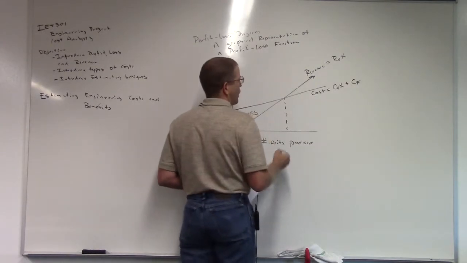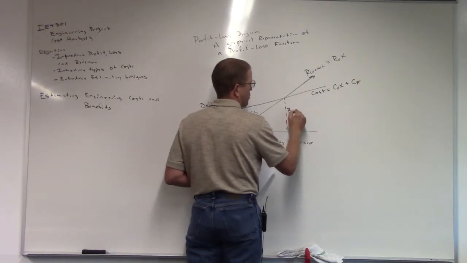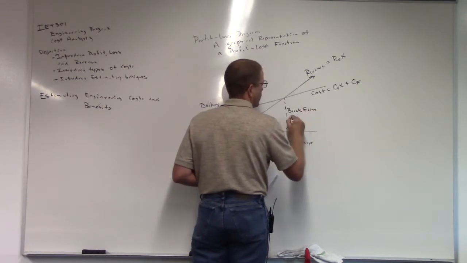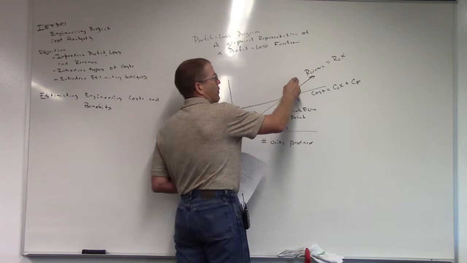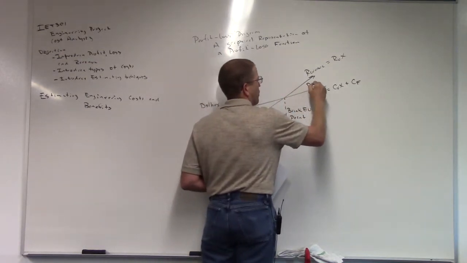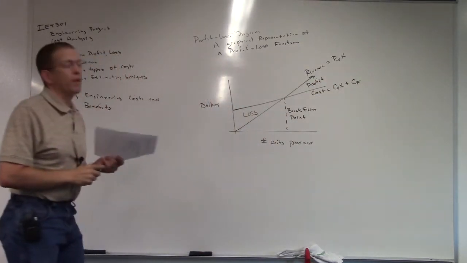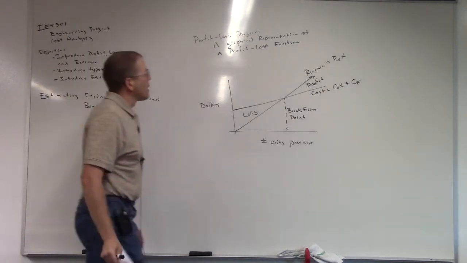That's where our profit is zero and our revenue equals cost. So this is the break-even point. And then we have a region where revenue is greater than cost, and this represents our profit region. And as we all know, that's the region where we want to continually operate in.